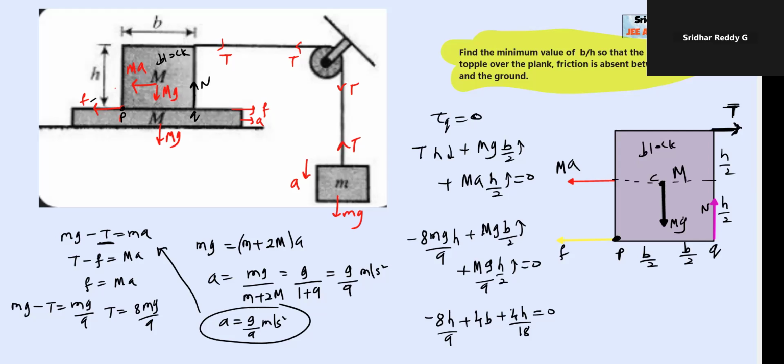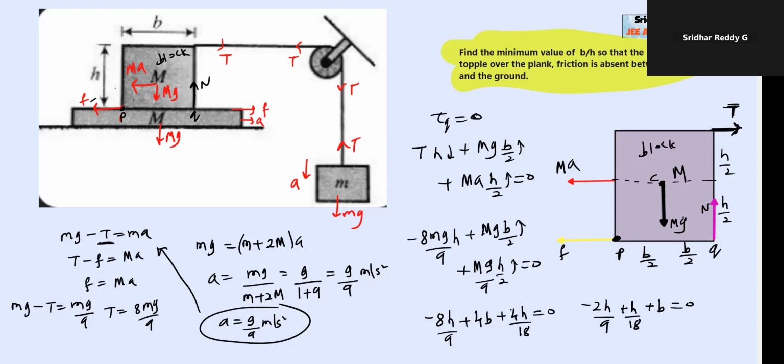We have to get the ratio of h by b. Minus 8h by 9, minus... and simplify, minus 2h by 9 plus h by 18 plus b by 2 equal to 0.